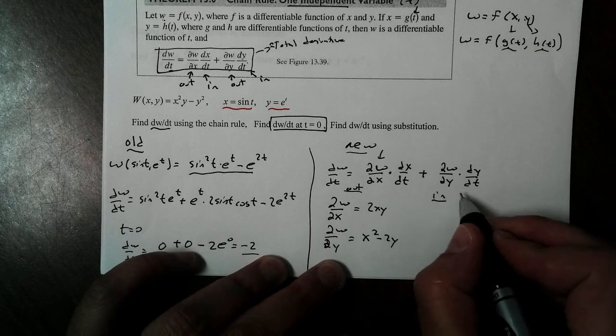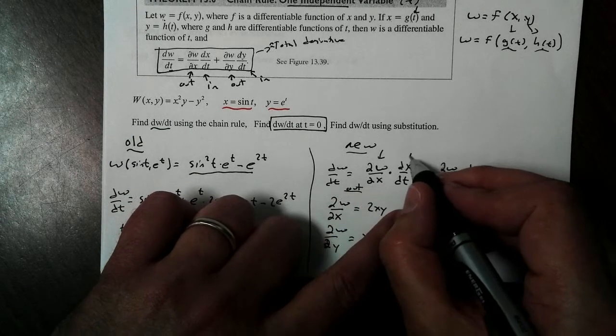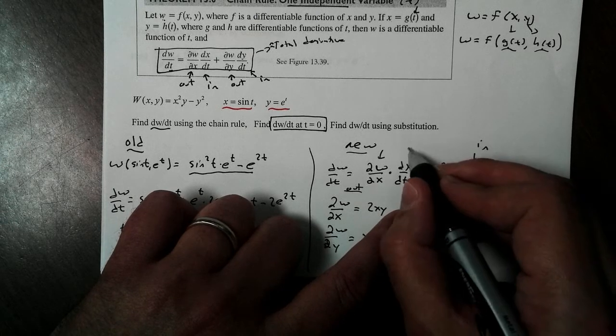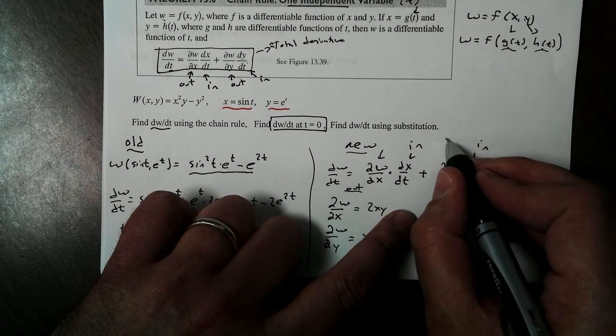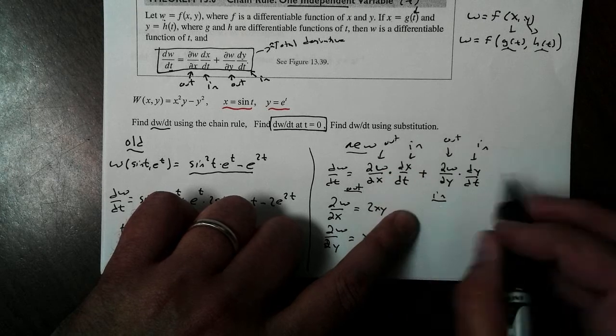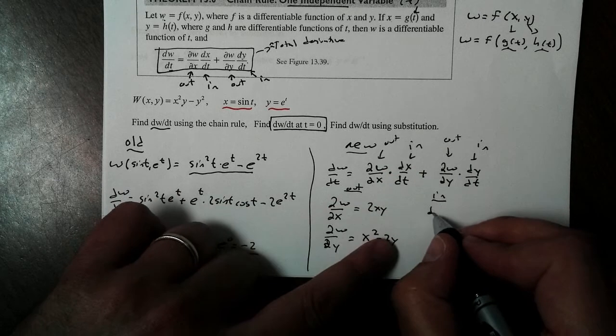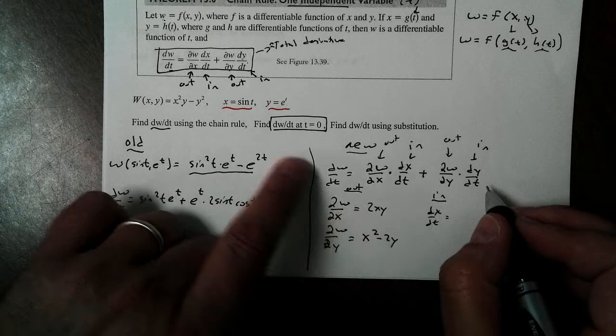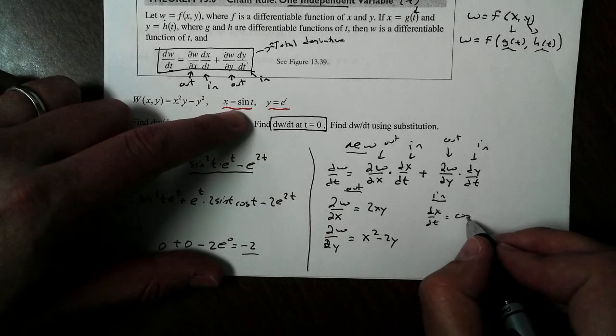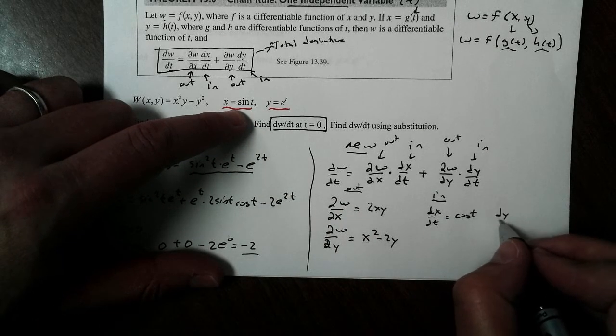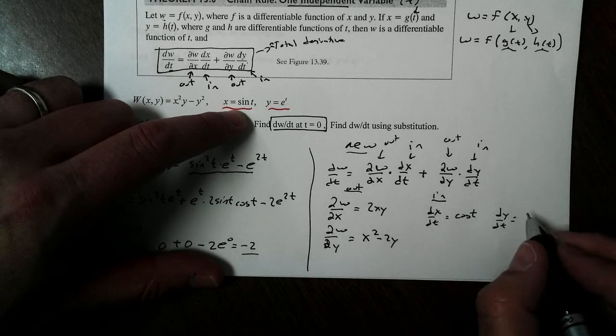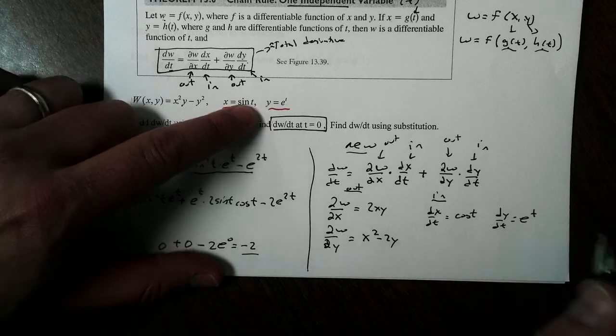Now I do my inside derivatives. That's my dx/dt. These are my insides. Take the derivative of the inside. I need dx/dt. Well, I can look here. We get cosine of t. dy/dt is just e to the t.